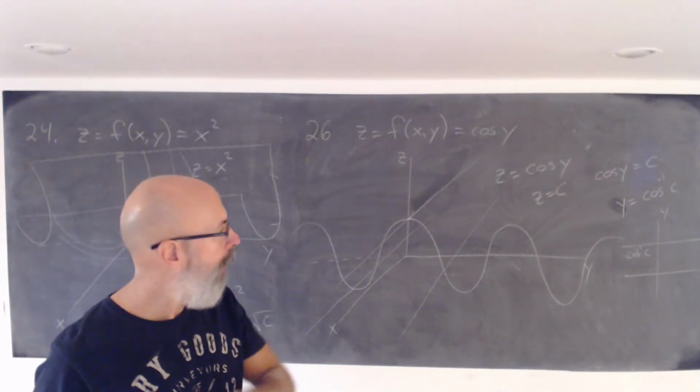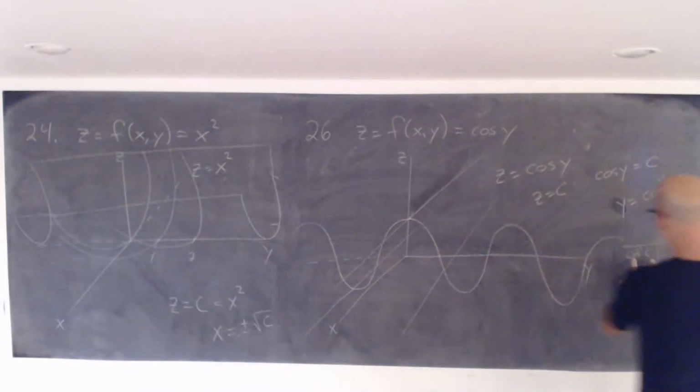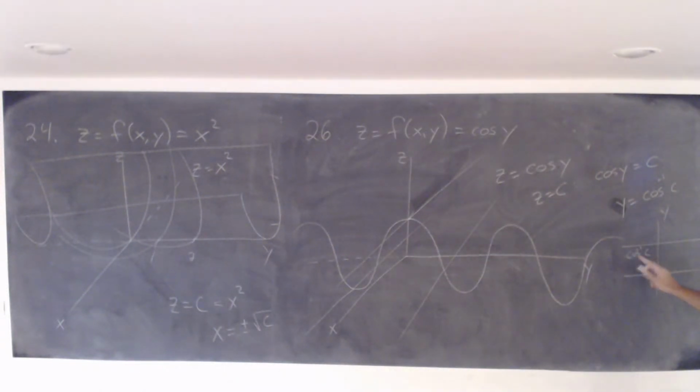Can you repeat why they are parallel? Right, what are we looking at? We're looking at y equals inverse cosine of c for any fixed c, right? So what are these? These are straight horizontal lines, right? Let's take obvious examples.